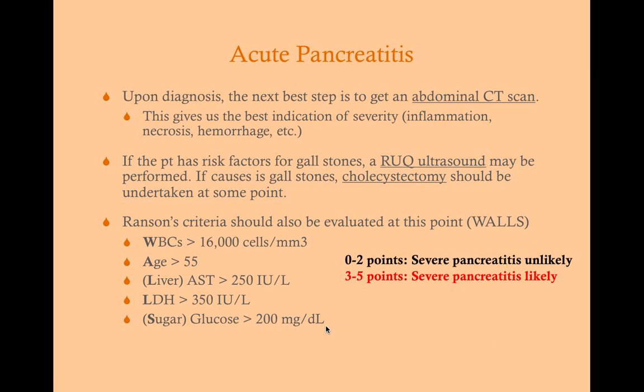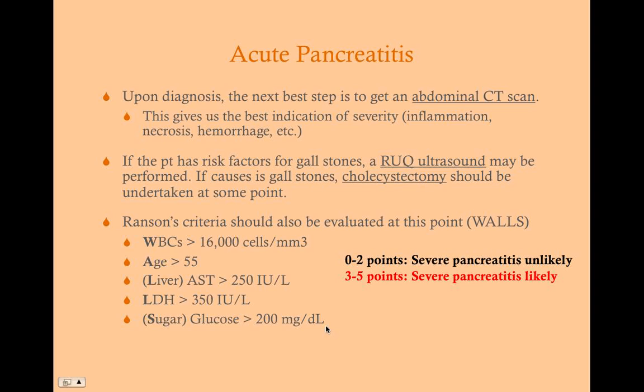And generally the way that this is analyzed is if it's 0, 1, or 2 points, then it's considered that severe pancreatitis is unlikely. And so, pending the results of the abdominal CT scan, pending the read, etc., we can go ahead and treat this as mild acute pancreatitis.